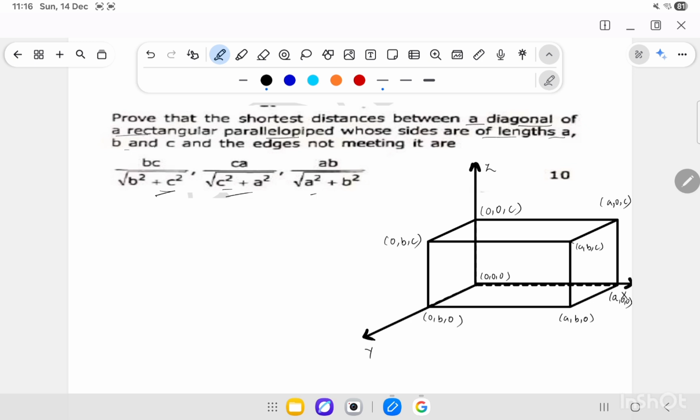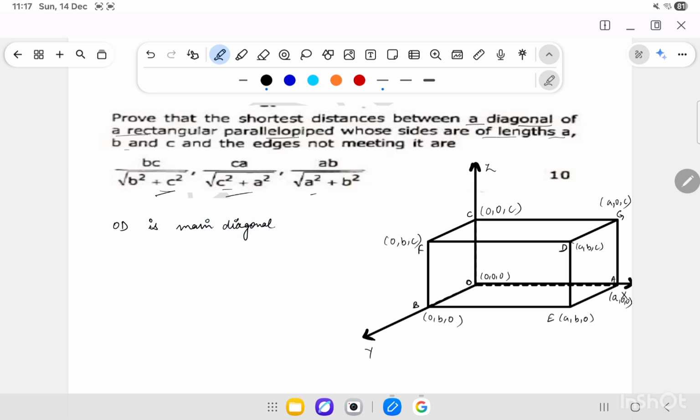So if we observe that, we can take this diagonal, that is O, and let's say this point is D. And let me name other points as well: A, B, C, D, E, F, G. So the main diagonal that this parallelepiped has, OD, is our main diagonal.